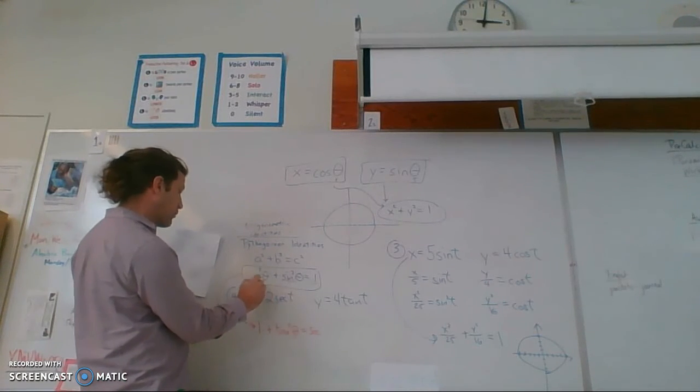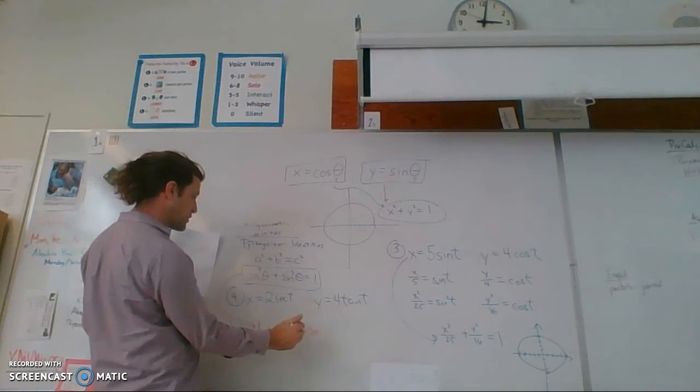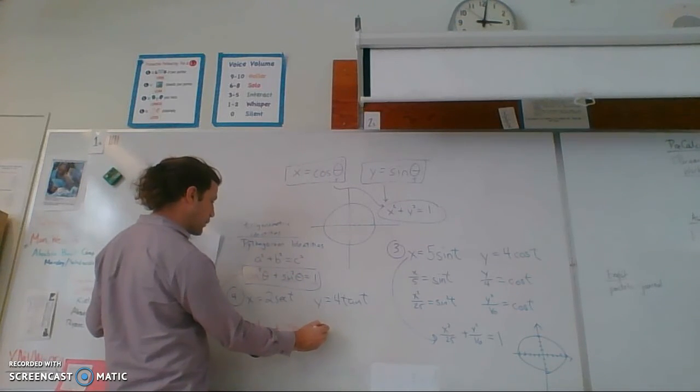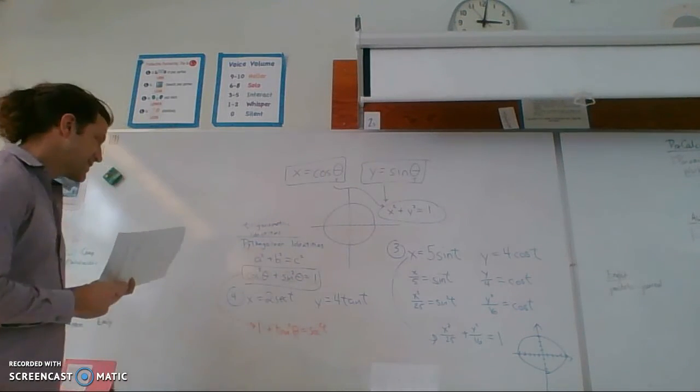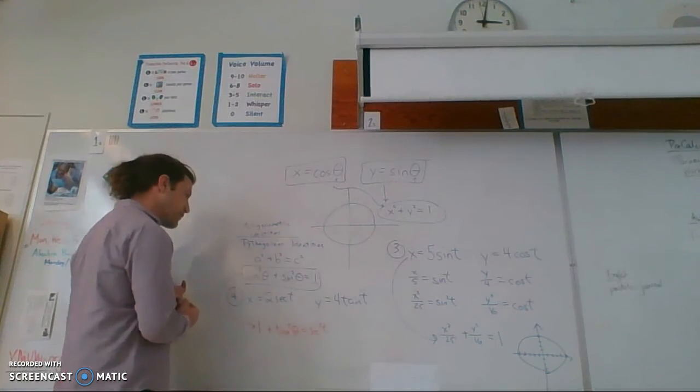I'm dividing the whole thing by cosine squared. So this becomes 1, this becomes tan squared, and this becomes secant squared.